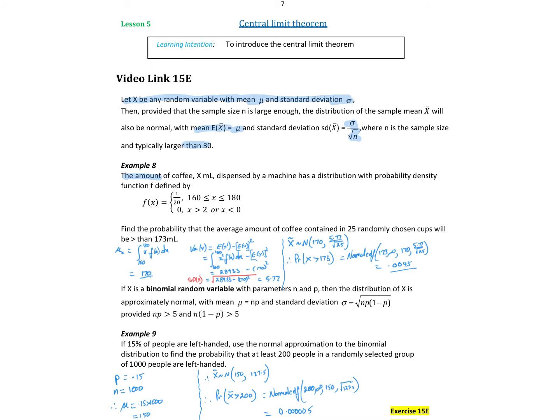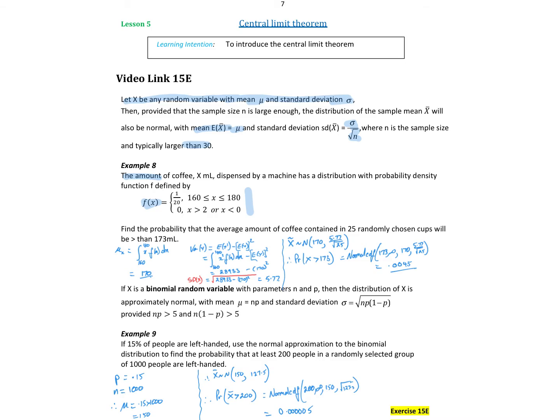So we know from our central limit theorem that the mean and the standard deviation of this particular distribution are significant in the mean and the standard deviation of the average value of the cup.